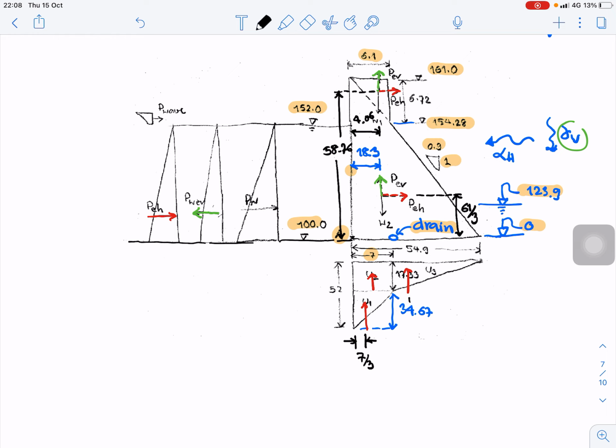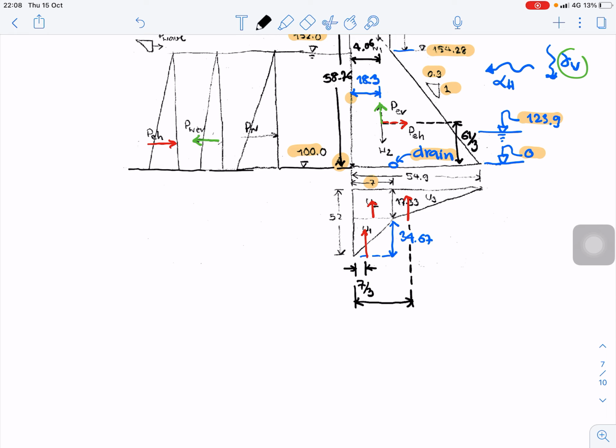But U3 is equal to the total length 54.9, subtract 7 divided by 3 and plus 7 again. It should be 22.9. Okay, that is the lever arm of each force.